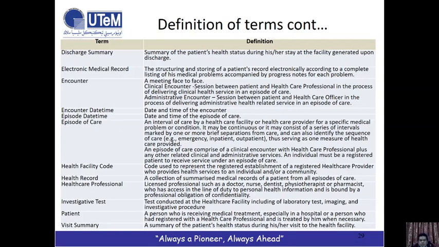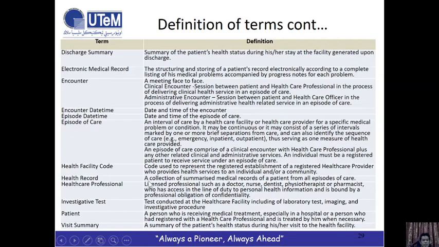GP, general practitioner, is normally a doctor who graduated from the university, who is still not specialized, not going to specialist practice. So normally this doctor is a general practitioner, general doctor. Okay, and then we have specialist, senior specialist, consultant, and so on. So that is called healthcare professional.